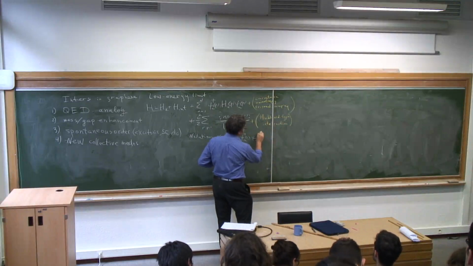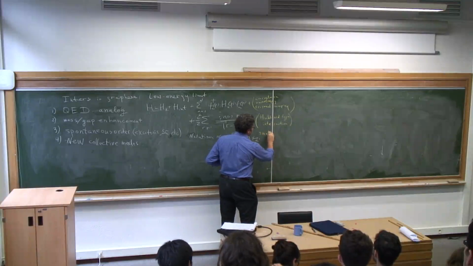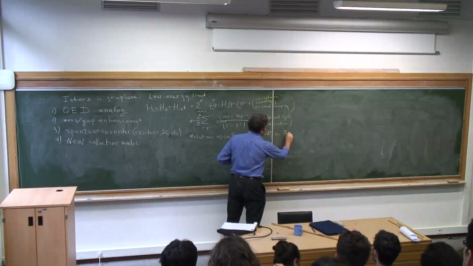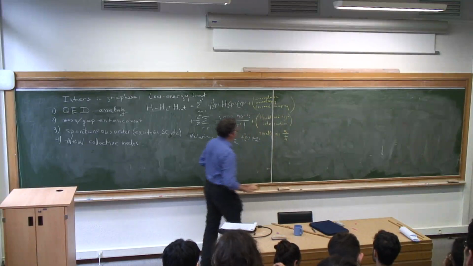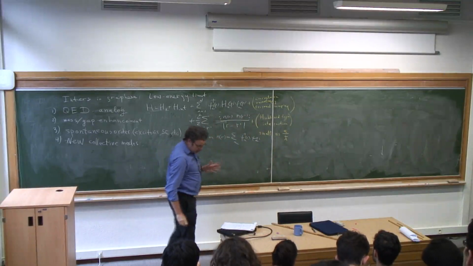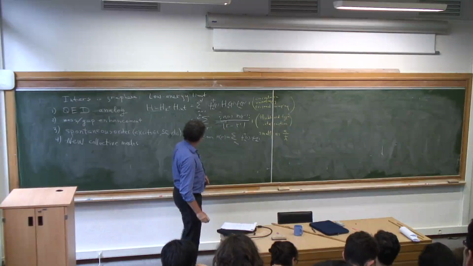And all these bits are small as lattice constant divided by de Broglie wavelength. And so by that parameter we can leave them out.